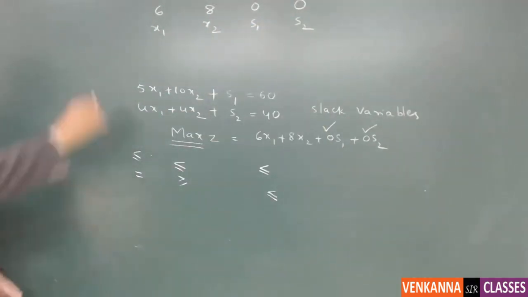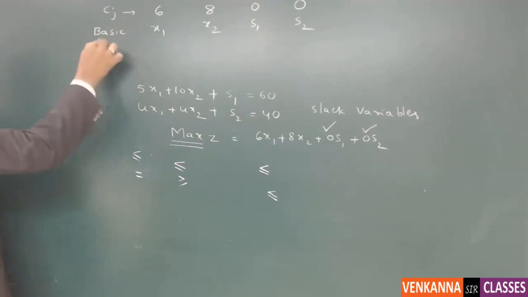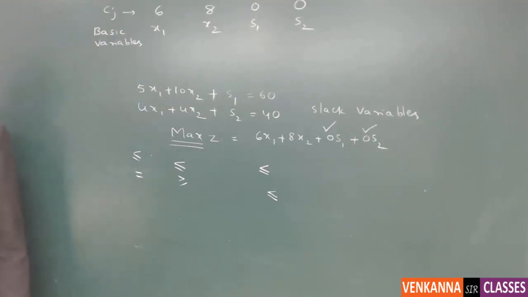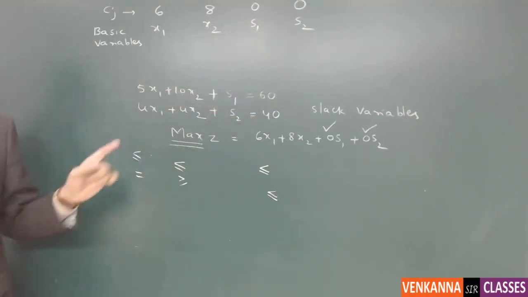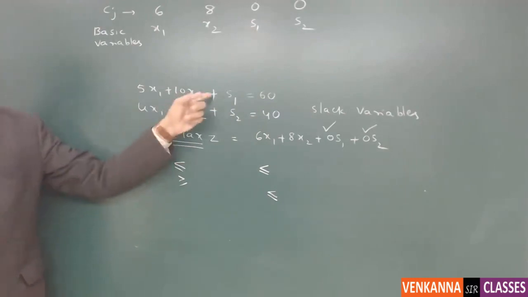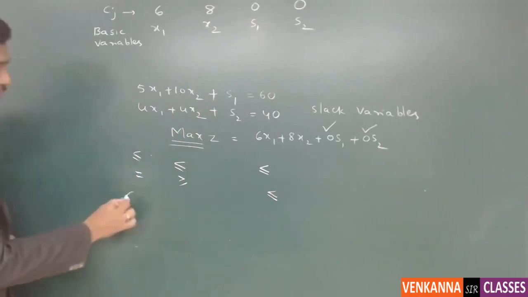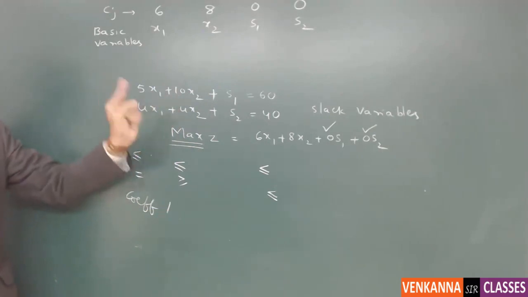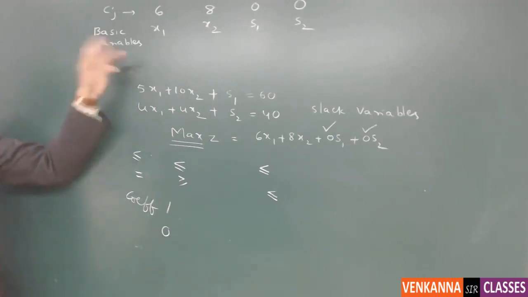Now, the table contains the basic variables. A variable is called basic if, in the constraints you have written, its coefficient is 1 in one constraint and 0 in all the other constraints. Such a variable is called a basic variable.